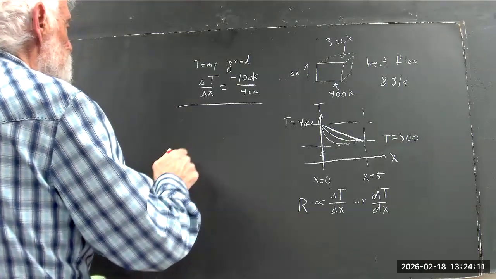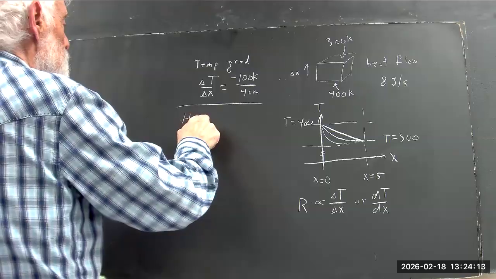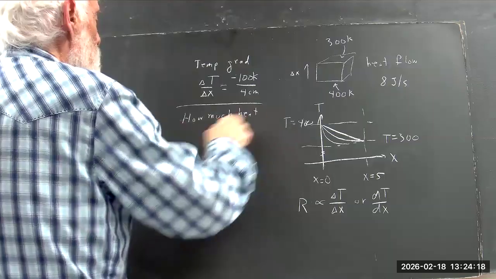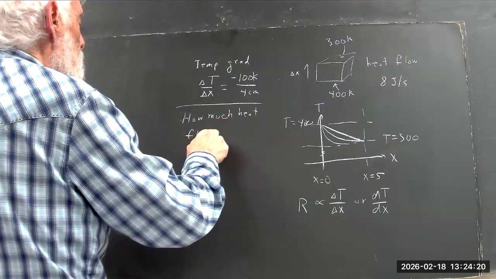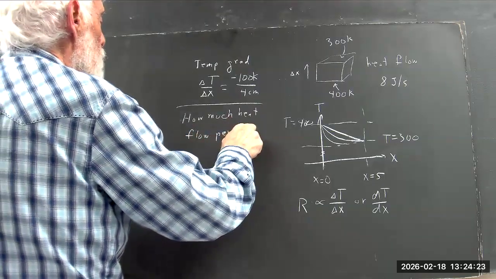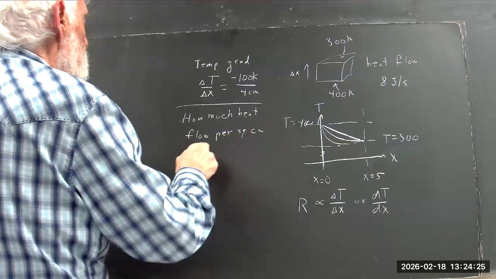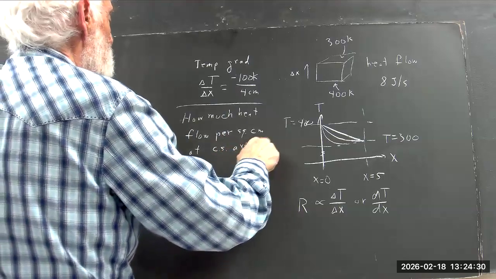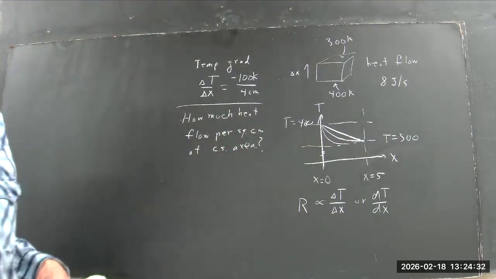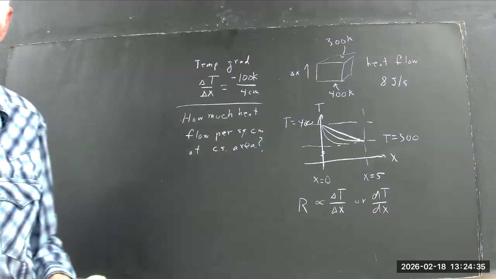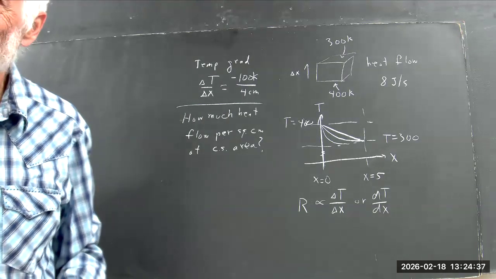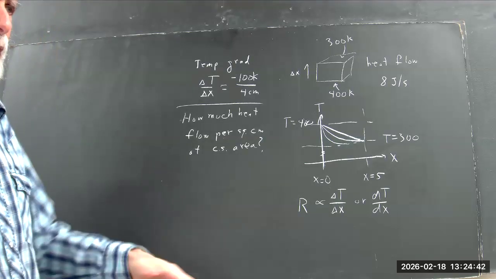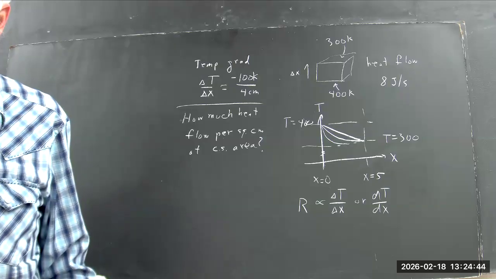Then I asked, what's heat flow per square centimeter of cross-sectional area? People wanted to do all kinds of things with that. Somebody wanted to have something in cubic centimeters.